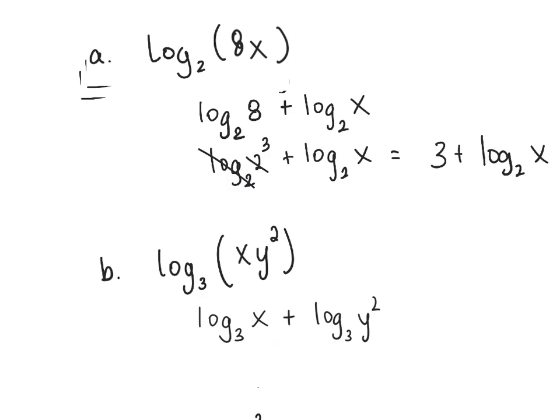These are algebraic expressions involving variables, so we don't need to evaluate a logarithm. However, we do have an exponent, and so we need to use now property 3, the power property, and this exponent is going to move in front of this logarithm as a coefficient. So you'd write it as log base 3 of x plus 2 times log base 3 of y. And that would be the final form of that answer.